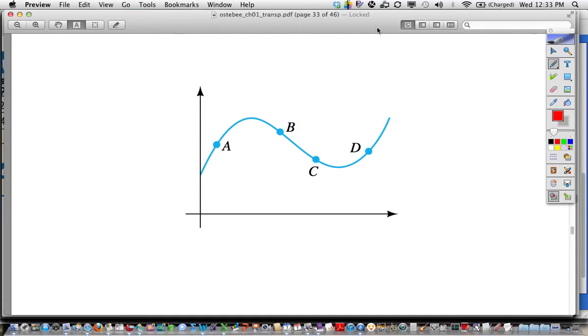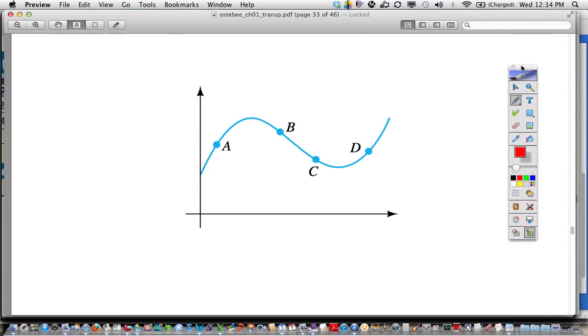So all you really changed there was f prime and slope. But they're the same thing, right? F prime and slope. So I can't say as my reason that f prime is positive at A because the slopes are positive at A. I've got to say something else. Okay? So tell me why.